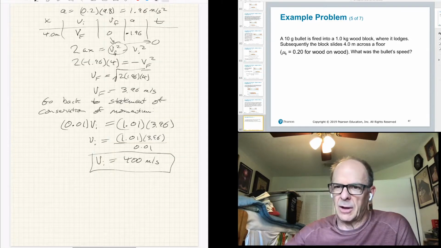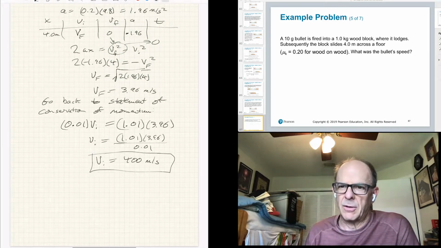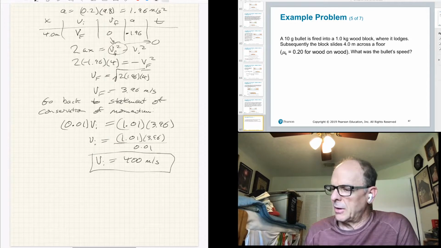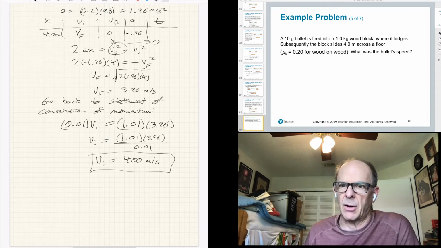You can figure out the acceleration because you know the coefficient of friction and know what kind of car it was or estimate. You can then figure out how fast that car was going when it stepped on the brakes. And then that gives you forensic evidence that says, oh, that person was speeding, for example, when he stepped on the brakes or the car started skidding. So cool stuff. That's inelastic collisions.